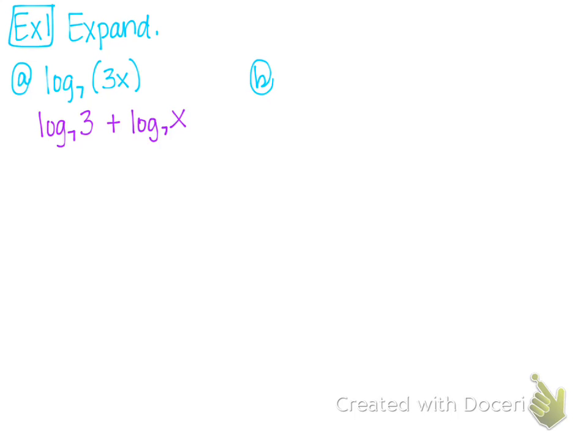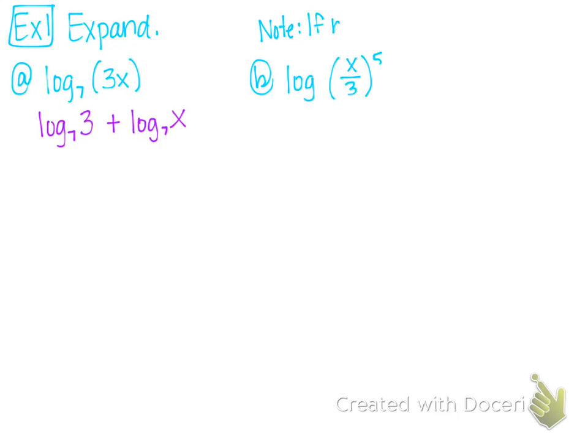With this next one, we're going to have things that are a little bit more complicated. We have log of x over 3 to the 5th power. Now, if you notice, I did not write a base here. Now, let's make a little note up top.